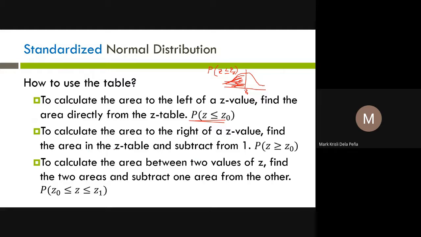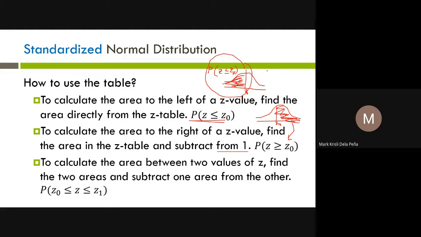However, if we want to calculate the area to the right of the z value, we have to find the area in the table and subtract it from 1. Since here we are looking for this one, if we have our z here, but those values in the z table were actually referring to this notation.